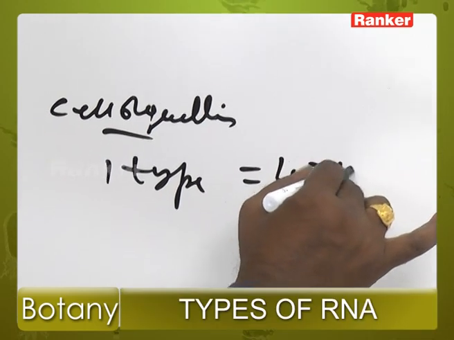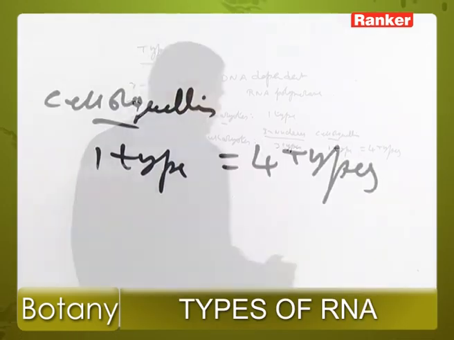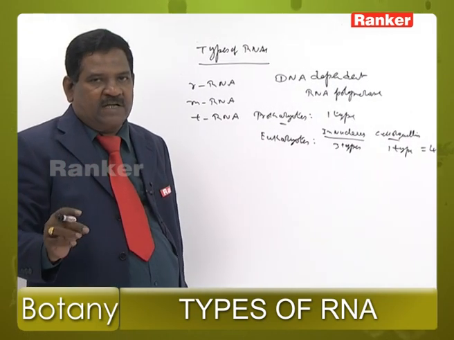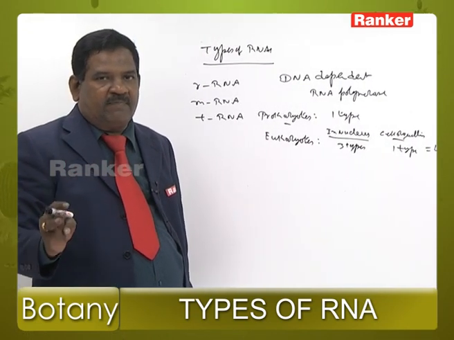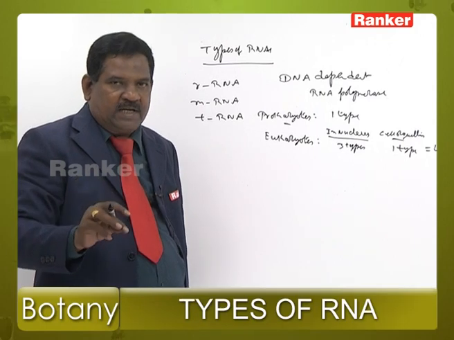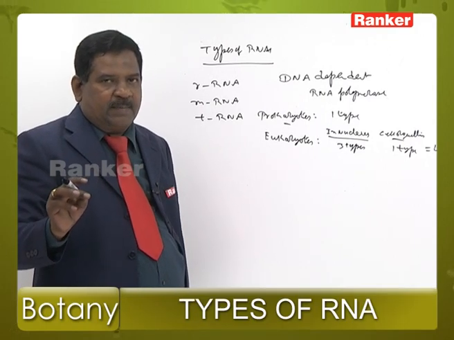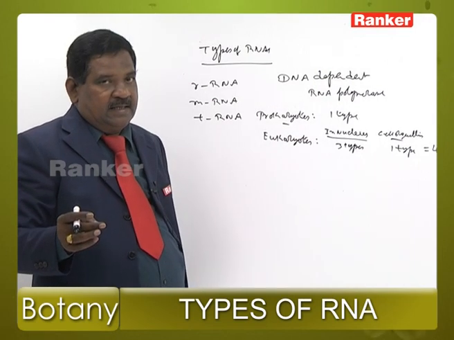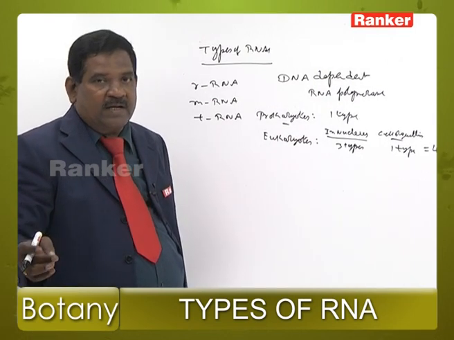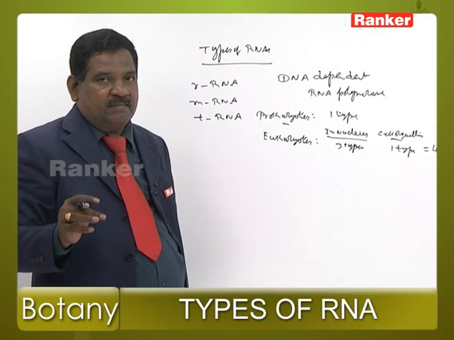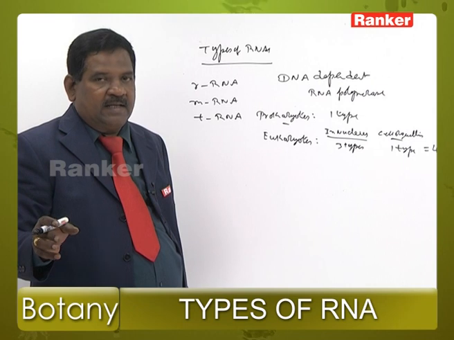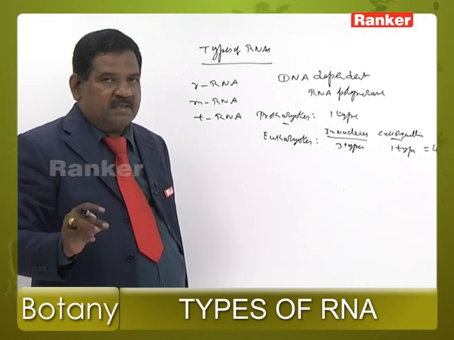Total 4 types. Types of RNA polymerases present in eukaryotes, 4 types. 3 types of RNA polymerases are present in the nucleus, and 1 type in cell organelles, that is mitochondria and chloroplast. These are the cell organelles that show protein synthesis.